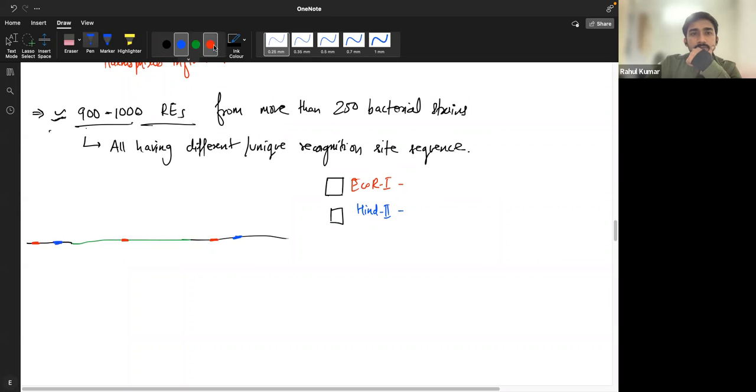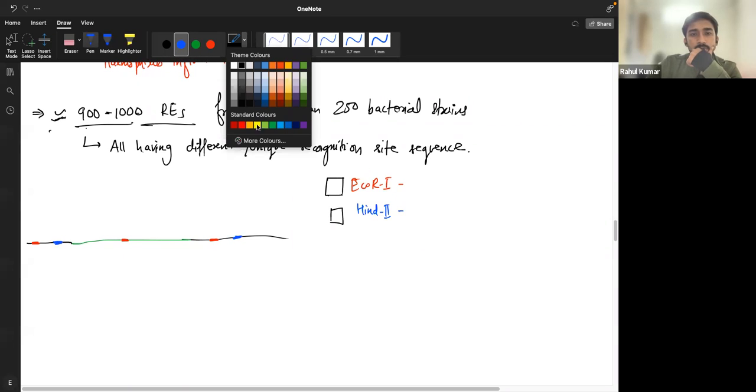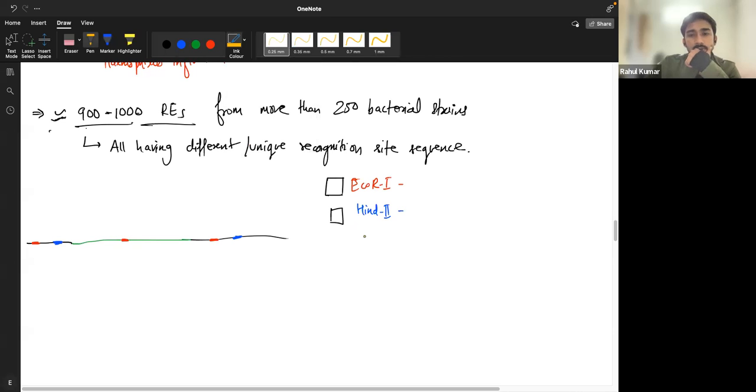And then I'm using one more enzyme, let's say RE alpha. It is an imaginary restriction enzyme that I have taken, and it has sites here and here.